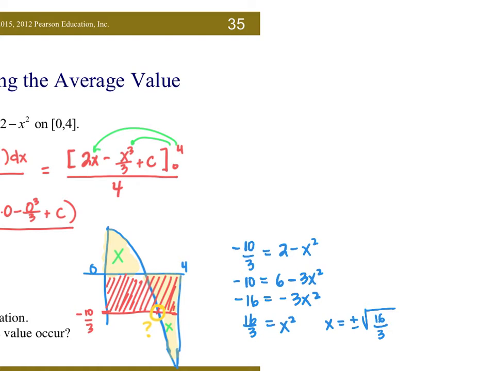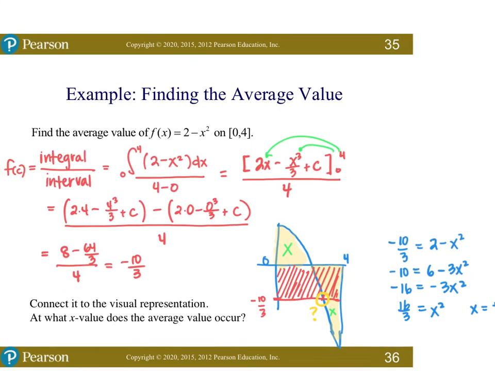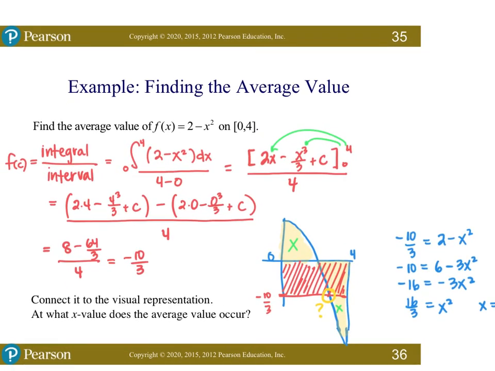The negative one would be on the other side of the parabola. We're only looking for the one on the right side of the parabola. So it is going to be positive square root of 16/3. I'll get rid of the negative sign. Okay, that's where that's happening. Working our way backwards. Okay, so overall, what did we do? We defined the average value as the integral over the interval.